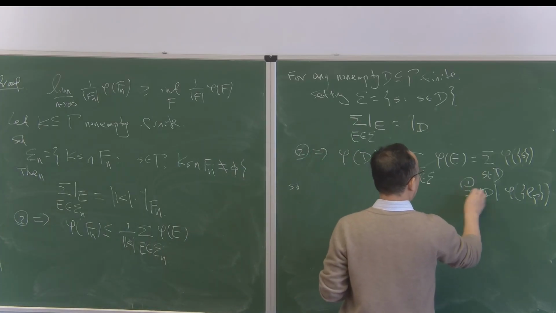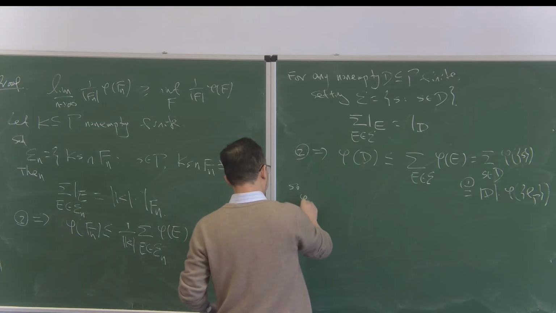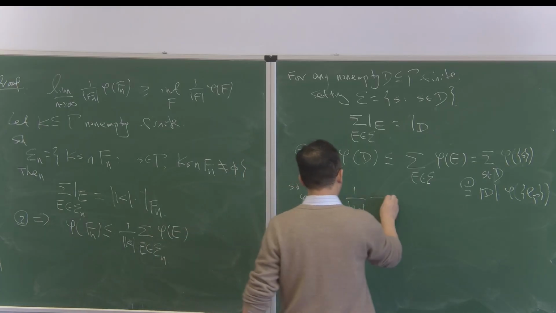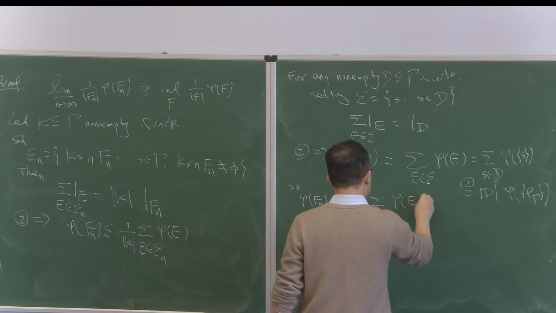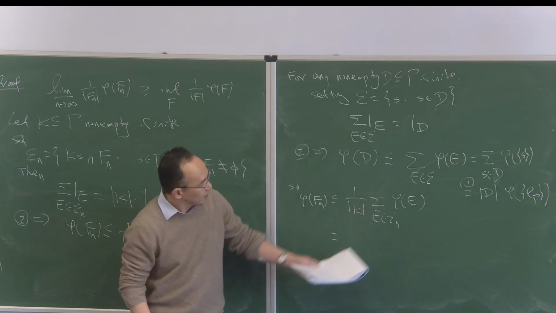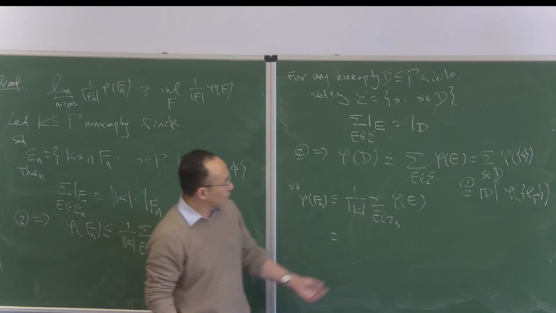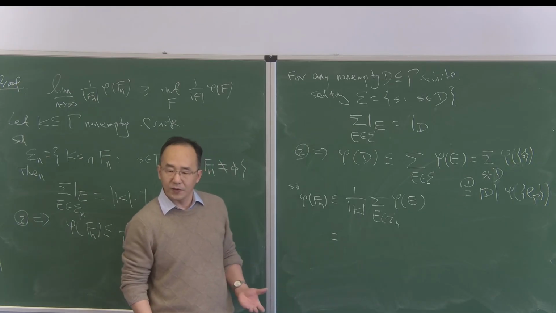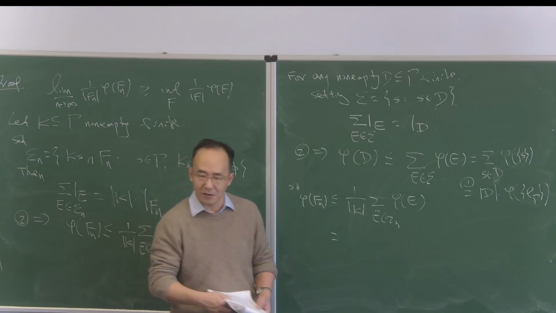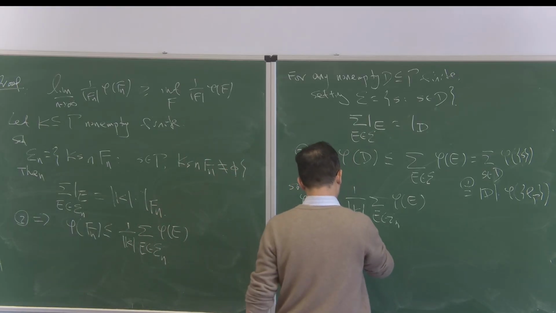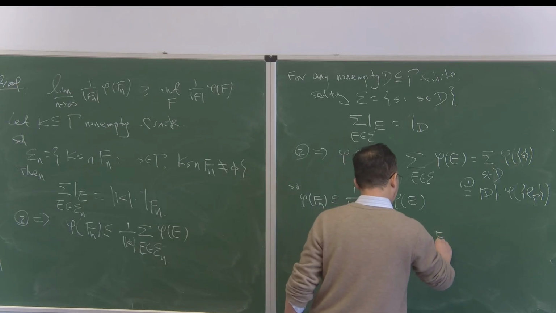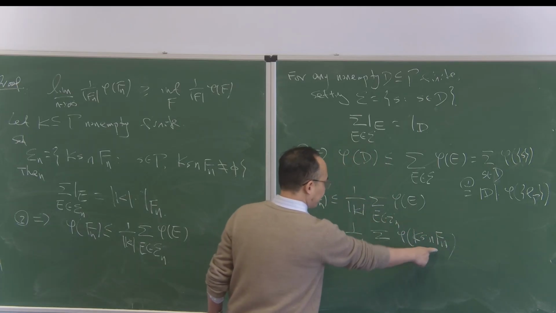So here we are using condition 1. F1 will be the size of K here. Now we're going to split it into two pieces. One is that this is completely contained in F1. The other case is that part of it is contained in F1, but part of it is outside. So every E here is of this form.